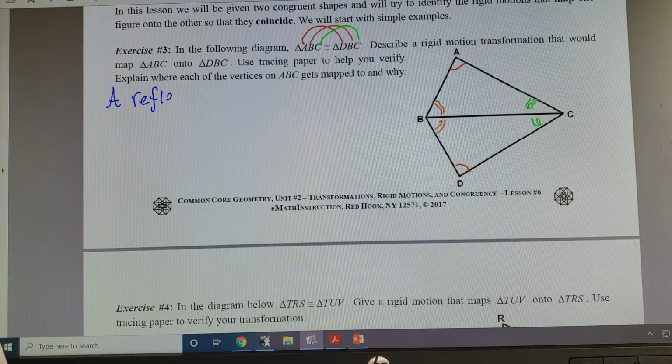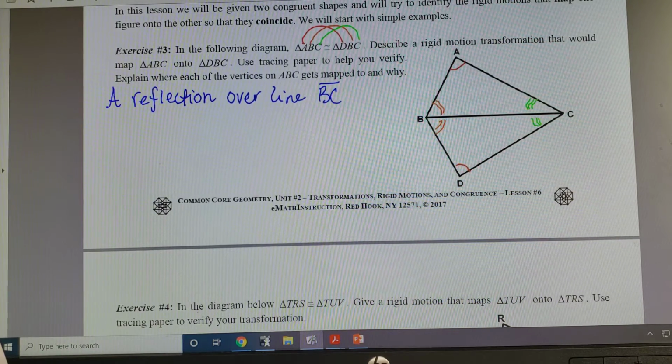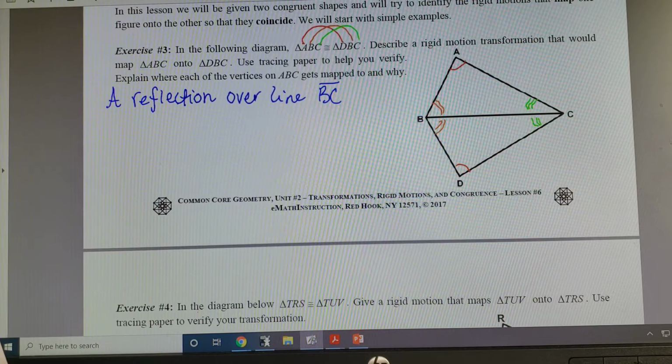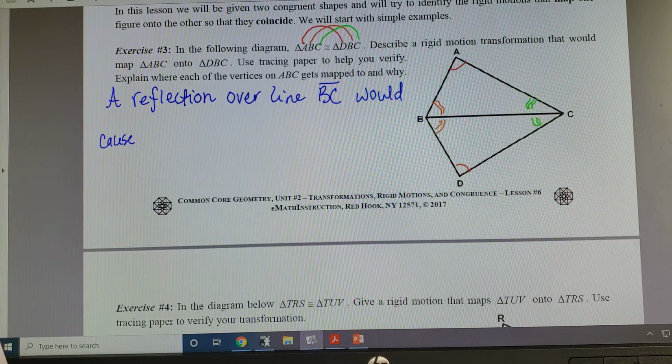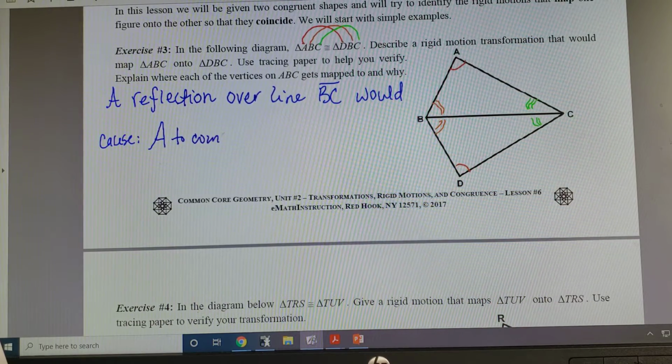Reflection over line BC would cause, then we have to write what vertex falls on which vertex. So it would cause A to coincide.